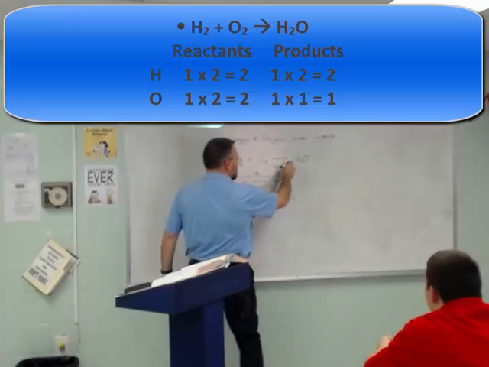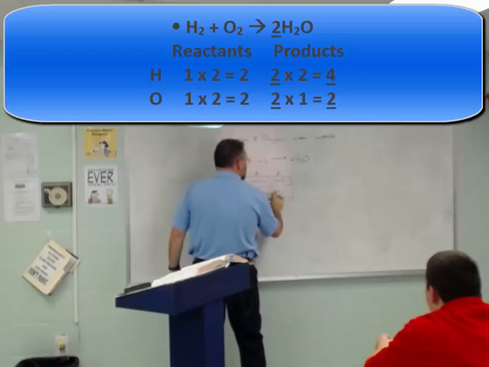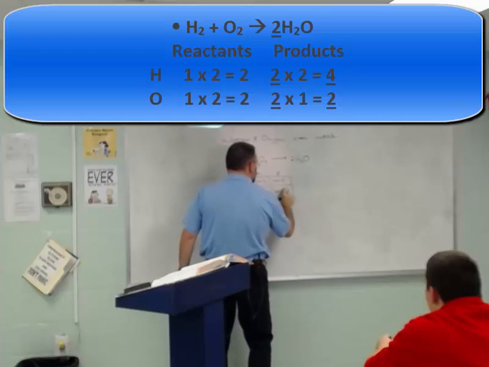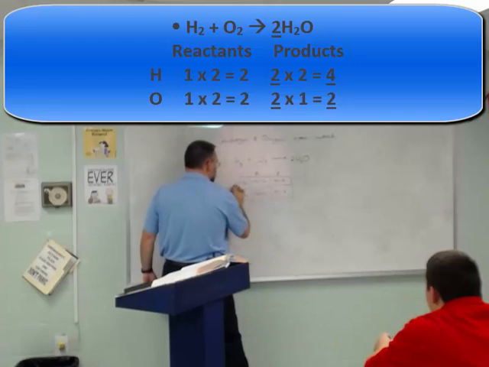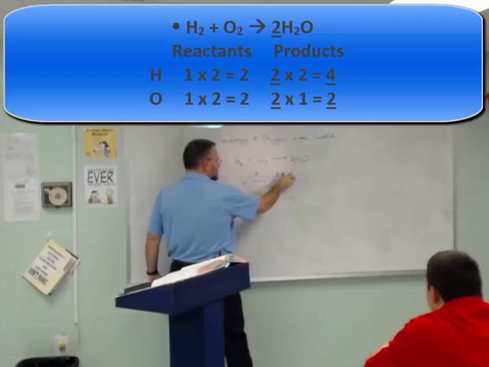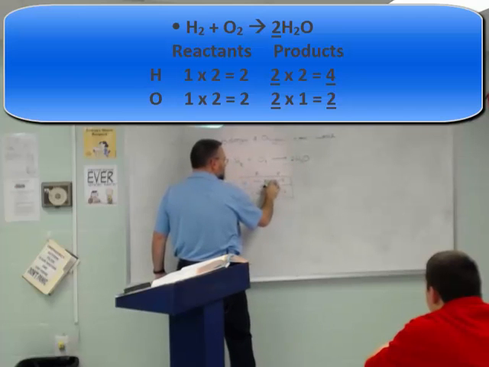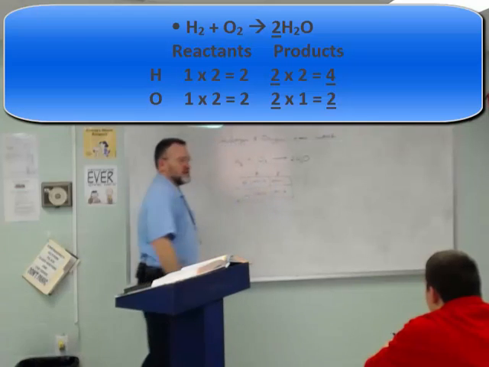Put a coefficient in front of the H2O of 2. That gives me 2 sets of 1, which gives me 2, which balances this. However, it also messes with my hydrogen, because now rather than 1 set of 2 hydrogens, I have 2 sets of 2 hydrogens to give me 4, and now my hydrogens are unbalanced.